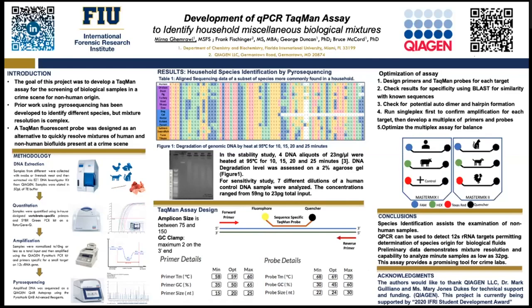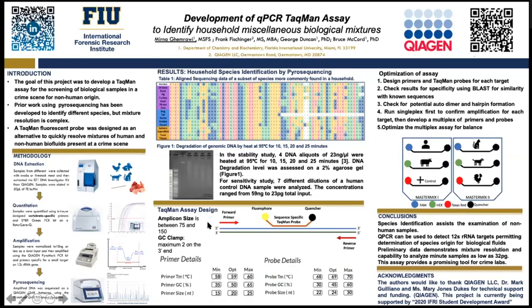So we thought we could add another feature, which is a TaqMan assay, a real-time PCR assay where you design specific probes, as you see here, for your targets. If you have a mixture, let's say of a human and a cat, you can see both of those amplify, and you can tell that yes, this is a human and cat mixture, for example.